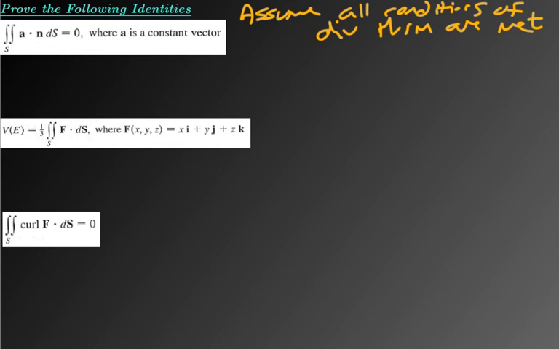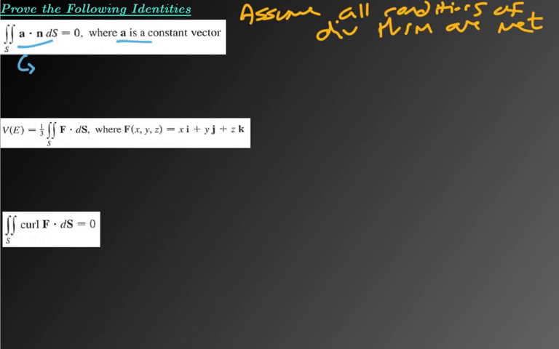And you basically just need to prove, assuming divergence theorem is at your disposal, that all of these identities hold, okay? So this first one, we want to show this surface integral equals 0, where a is a constant.